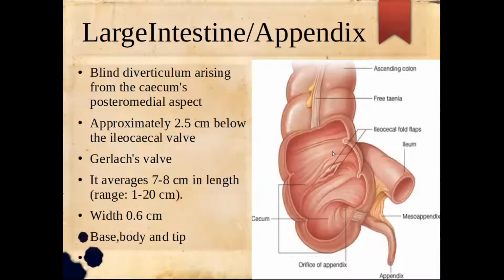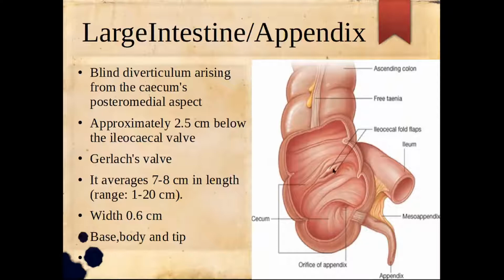The second part of the large intestine is the appendix. If you see the picture here, the appendix looks like a blind diverticulum, arising from the posteromedial aspect of the cecum. Here is the ileocecal valve, and this is the appendix orifice.